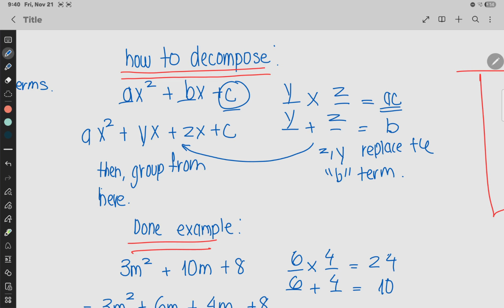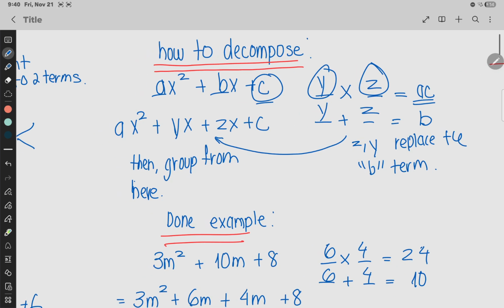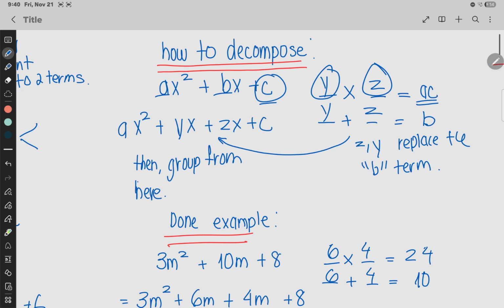We call these two terms y and z, and replace b with them: ax squared plus yx plus zx plus c, when the variable is x. So we replace the b term, the b number, with these two.